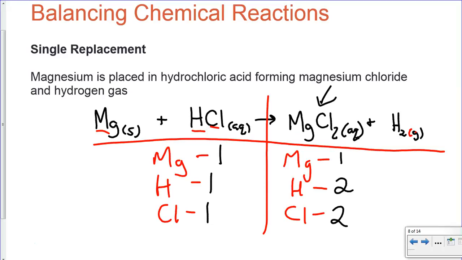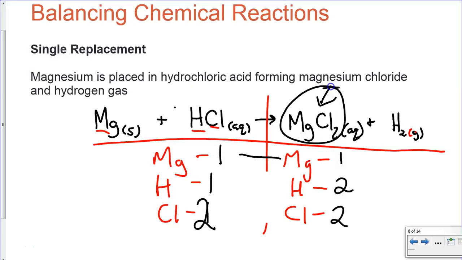To balance any of these, guys, start looking at the things that look the biggest and most complex first. If I was to look at this, I've got magnesium looking okay, but my hydrogens and my chlorines are in trouble. So I got to fix them. I'm going to look at this one first because it has this little 2 on the chlorine. So if it's got 2 chlorines there, I'm going to need to have 2 chlorines over here.